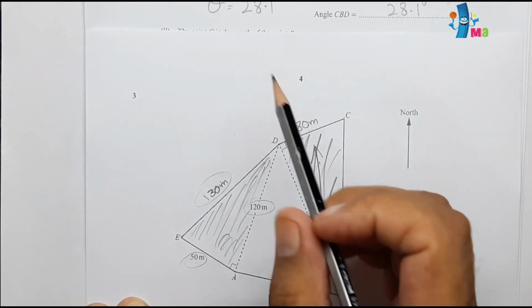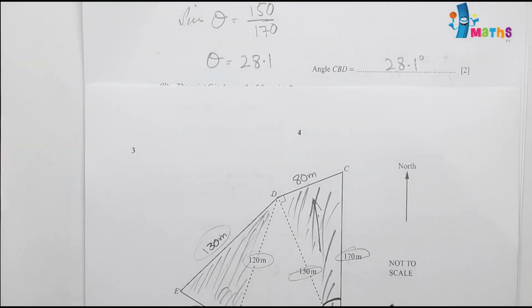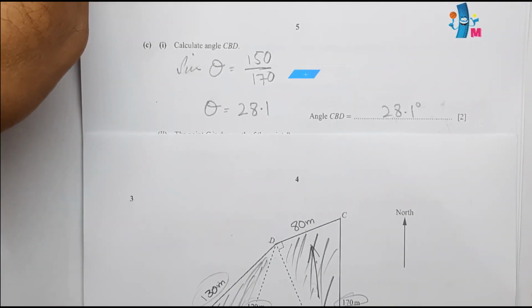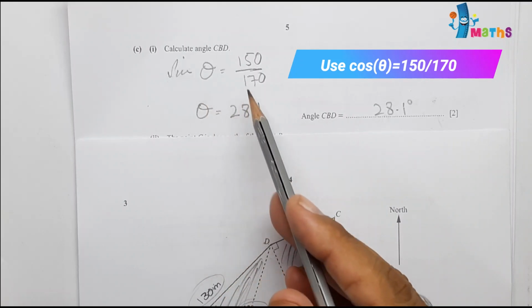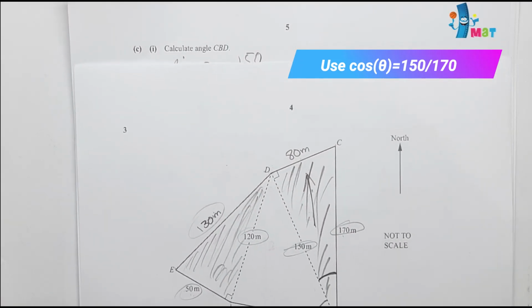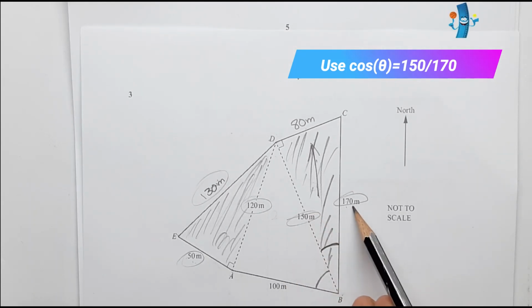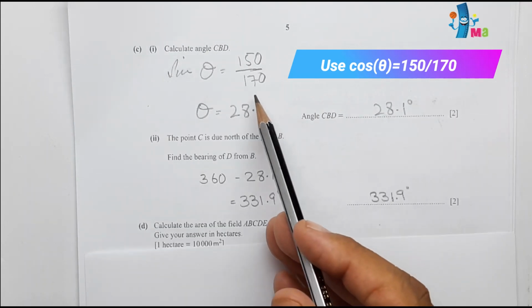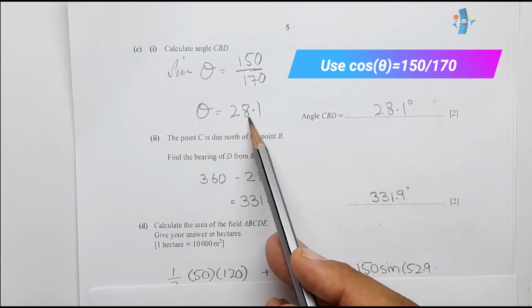So we can write sine theta is equal to 150 over 170. Theta will be equal to sine inverse.